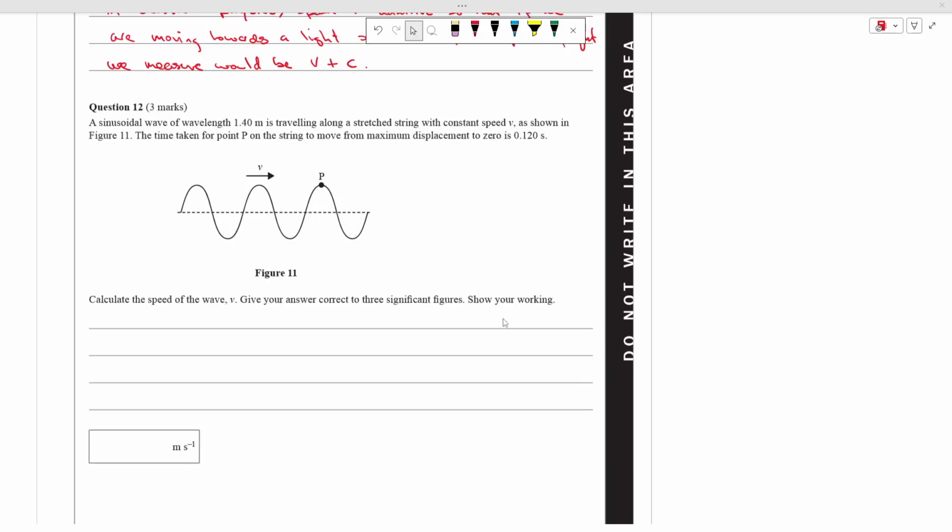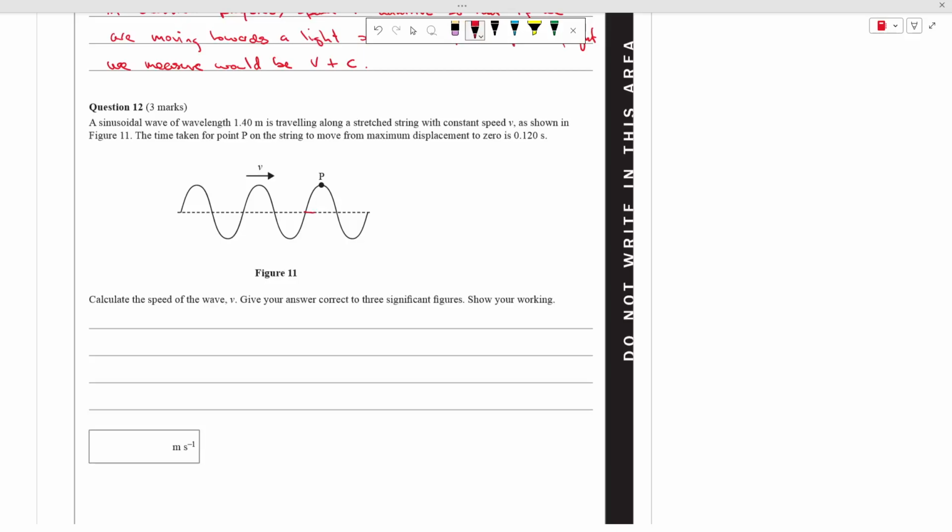Okay, so alright, I think the way to answer this is this second sentence here. The time taken for point P on the string to move from maximum displacement to 0 is that. So that means essentially the wave will travel, how can I put this?